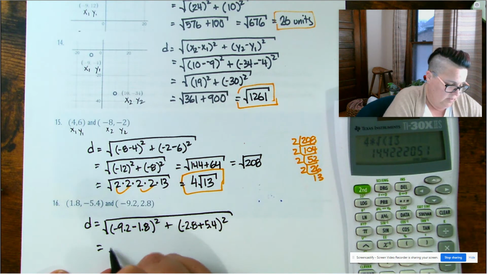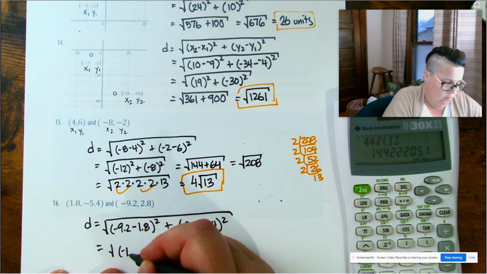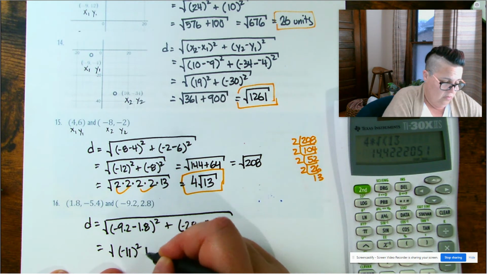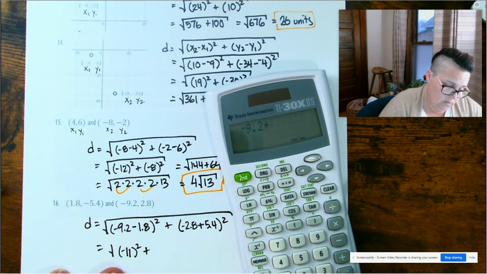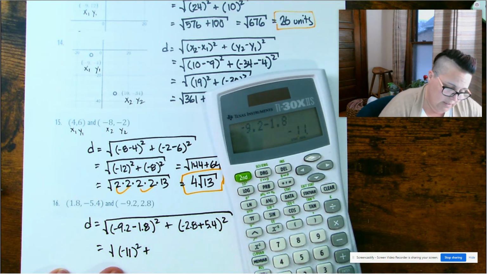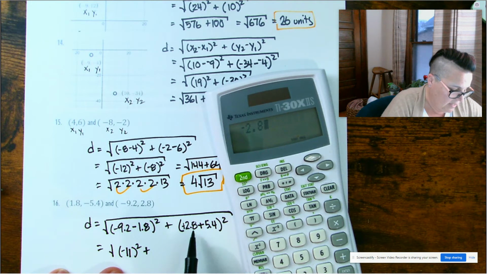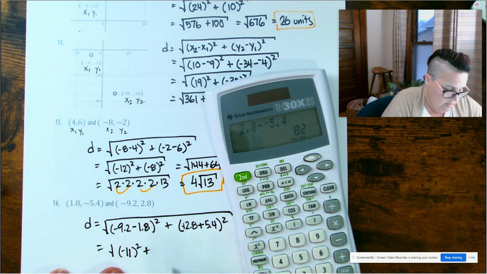Okay, so this is going to be the square root of negative 11, negative 9.2 minus 1.8. Yep, negative 11 plus negative 2.8. Oh no, that's just a positive 2.8. Why did I make that negative? Minus negative. So 2.8 minus a negative 5.4. 8.2 squared.